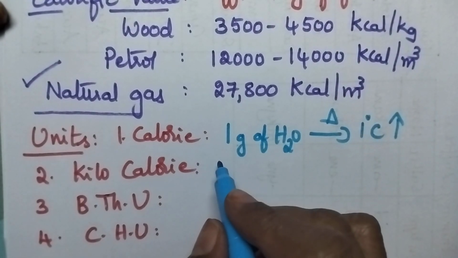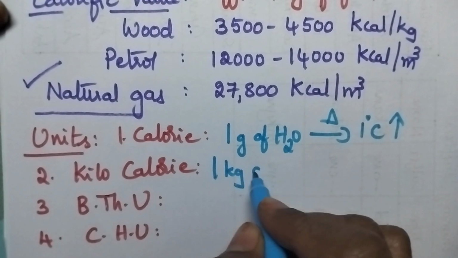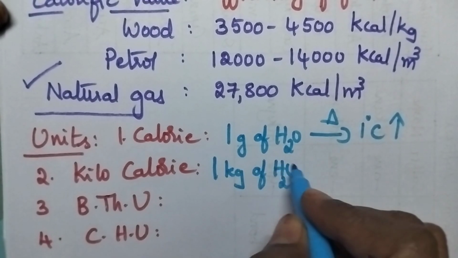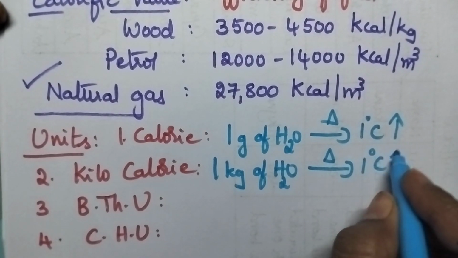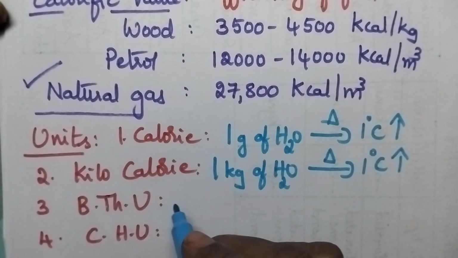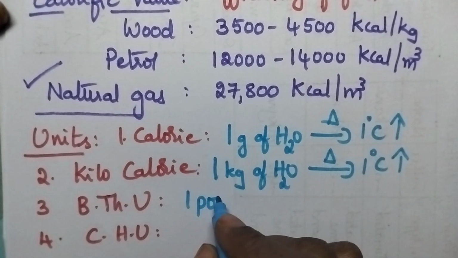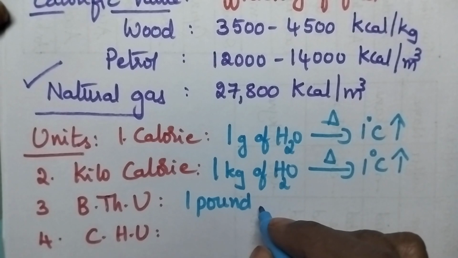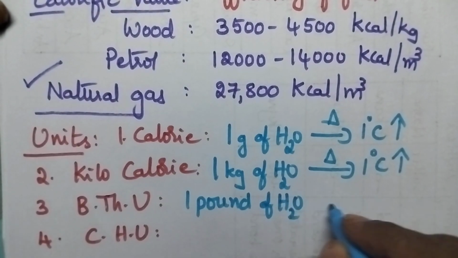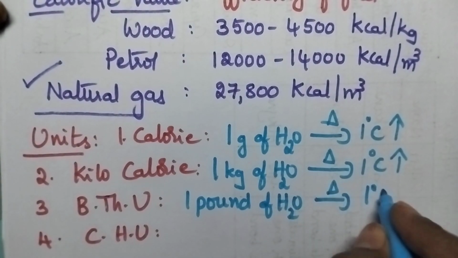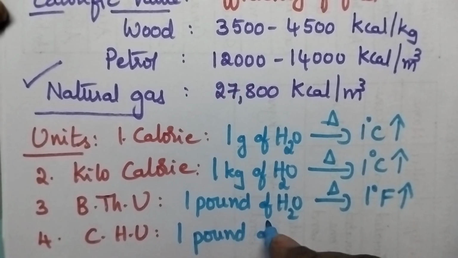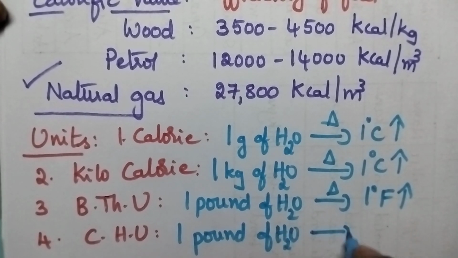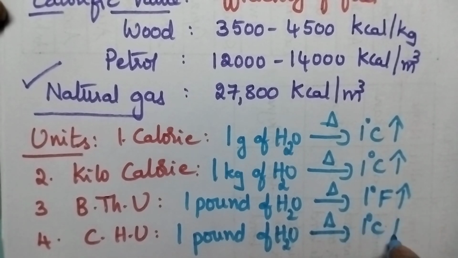Similarly, kilocalorie means it is the amount of heat energy required to raise the temperature of 1 kg of water through 1 degree centigrade. Coming to the British thermal unit, it is the amount of heat required to raise the temperature of 1 pound of water through 1 degree Fahrenheit. Coming to the centigrade heat unit, it is the amount of heat energy required to raise the temperature of 1 pound of water through 1 degree centigrade.